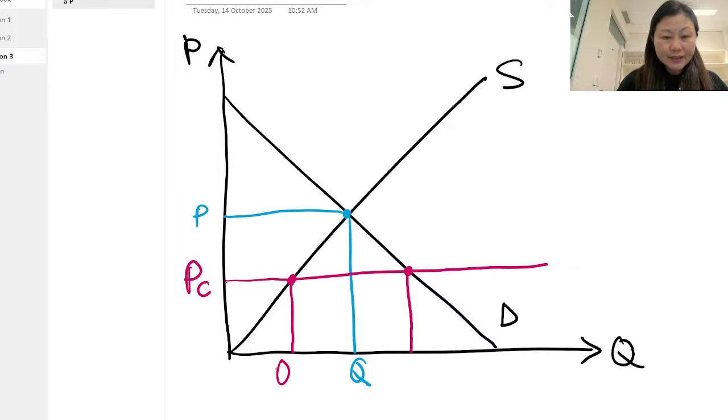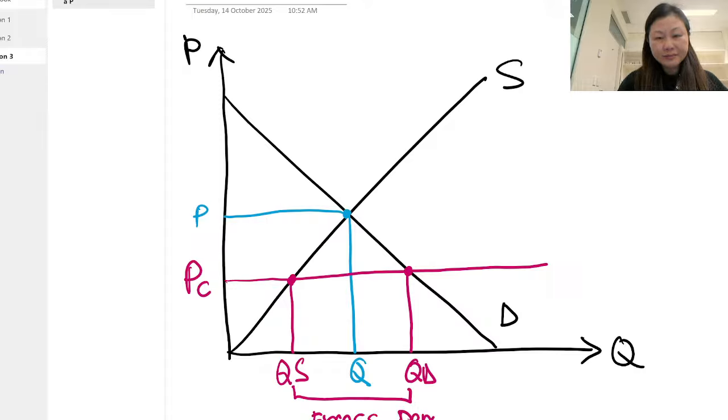This is quantity supplied and this is quantity demanded. This indicates that we have excess demand.